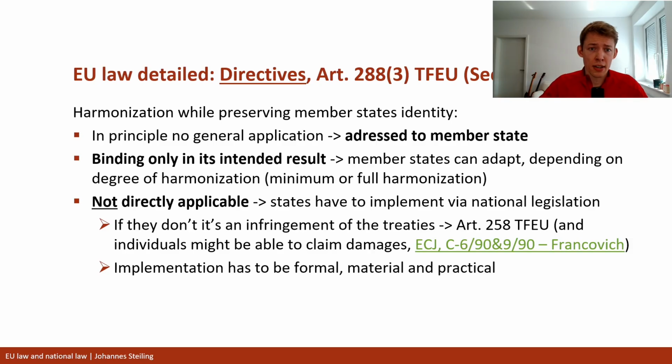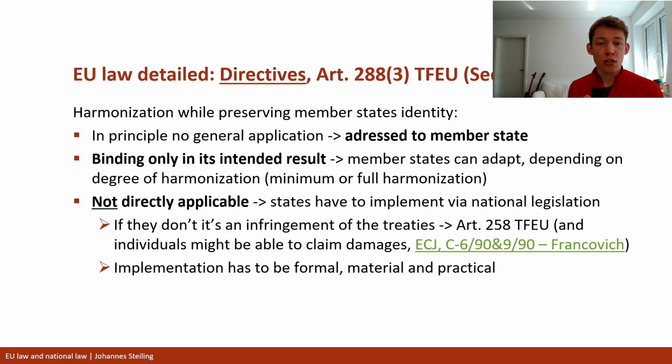So basically you have to implement. And then there is a second procedure in front of the ECJ by which the Commission can actually sue for the ECJ to give the member state a fine, like they have to pay a certain amount per day, for example, while they don't implement. But they can't really force their hand to implement the directive.